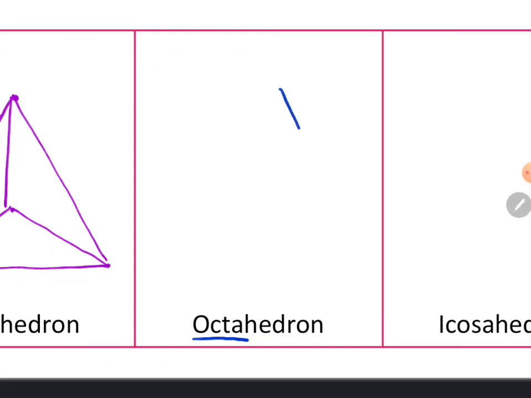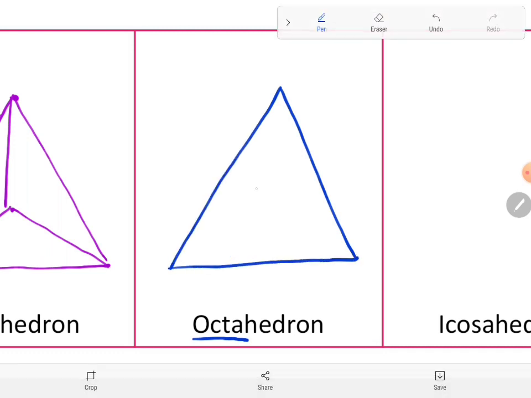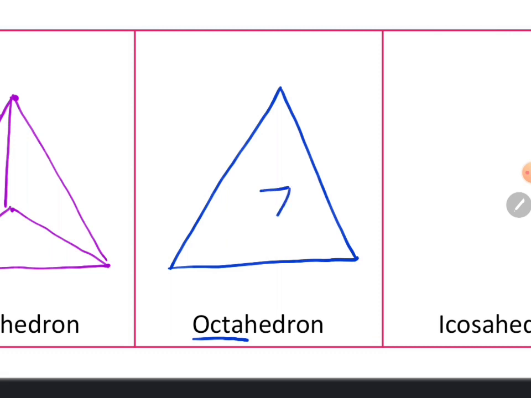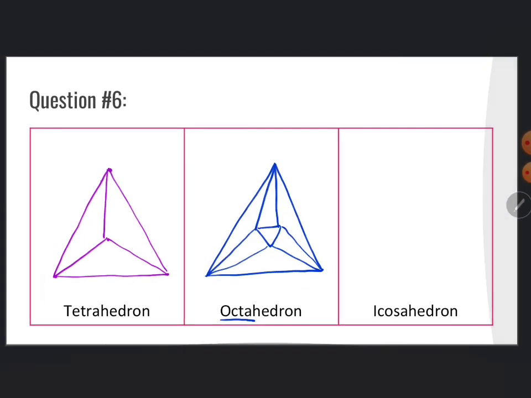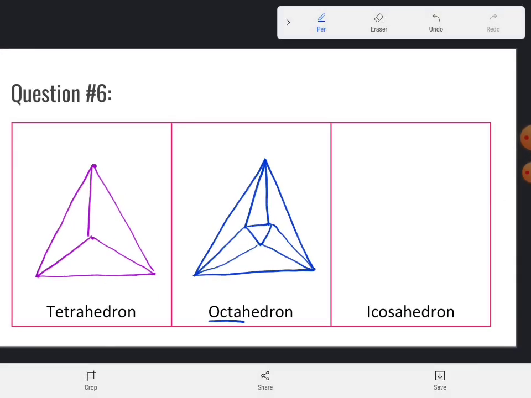We're going to have our triangle like normal, and then it's going to break down into a bunch of smaller parts to where all the points are connected. And I apologize for my poor drawing skills. And there we go. That's similar to what an octahedron would look like, just slightly messier.